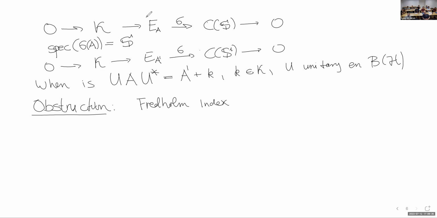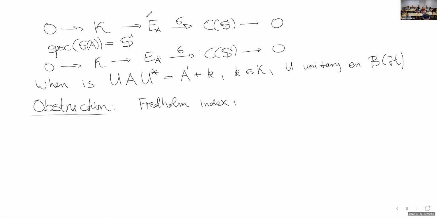Just to show you, the original question of Brown-Douglas-Fillmore was: we have an essentially normal operator. Can we find a normal operator and a compact operator? Is an essentially normal operator always a compact perturbation of a normal operator?